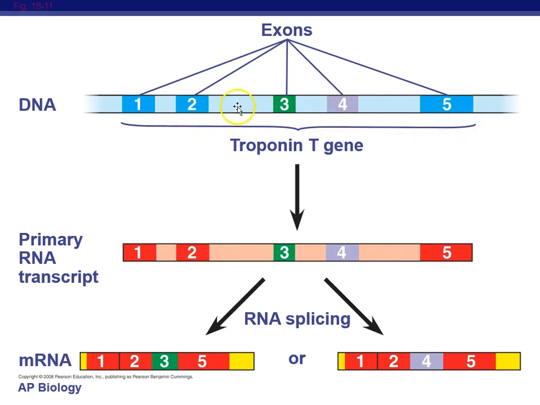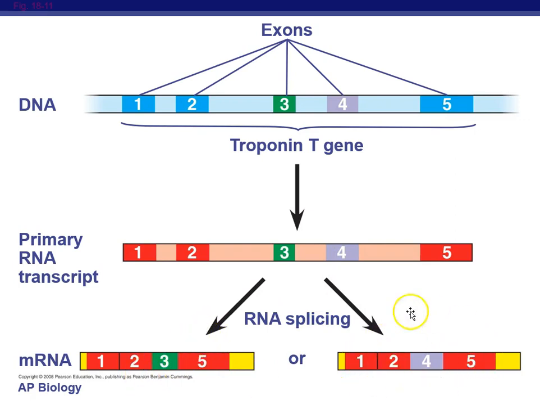Then the regions in between are the non-coding regions called introns that would get spliced out. Well, it turns out that there are alternative ways to splice the mRNA transcript once we get it. To make a certain gene, maybe we don't need region number 4 to make that protein.